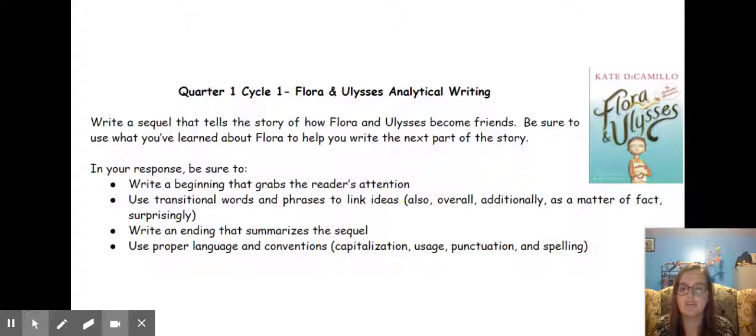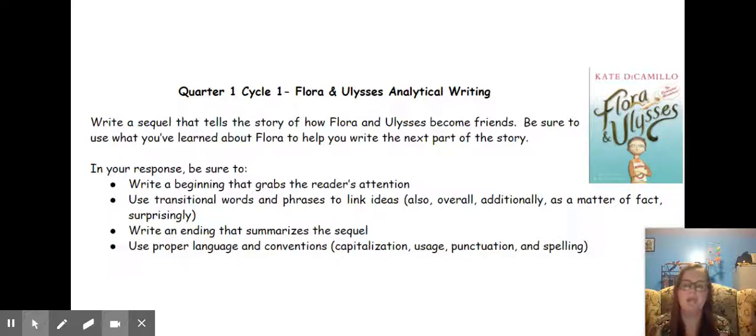Use transitional words and phrases to link ideas. Those words are also, overall, additionally, as a matter of fact, surprisingly. Write an ending that summarizes the sequel and use proper language and conventions. So capitalization, usage, punctuation, and spelling, which is what we've been working on in our other writing activities.